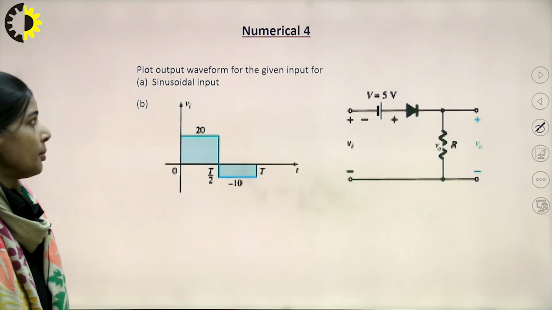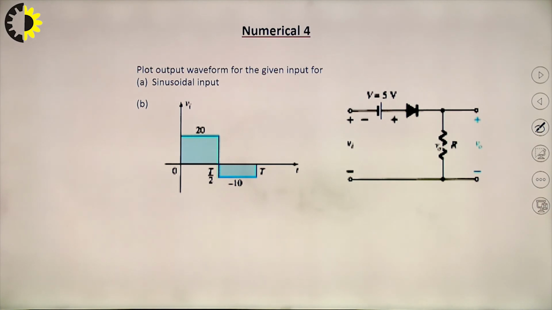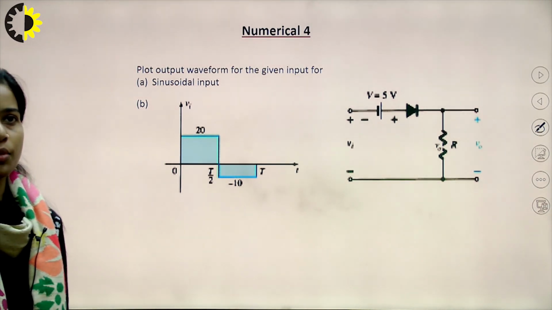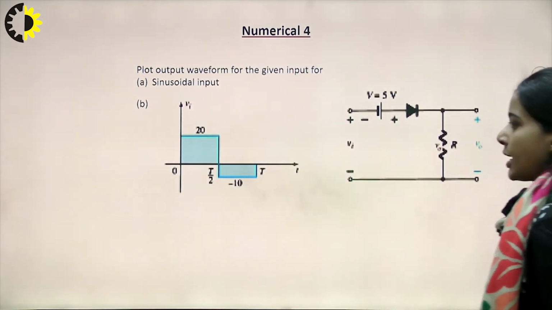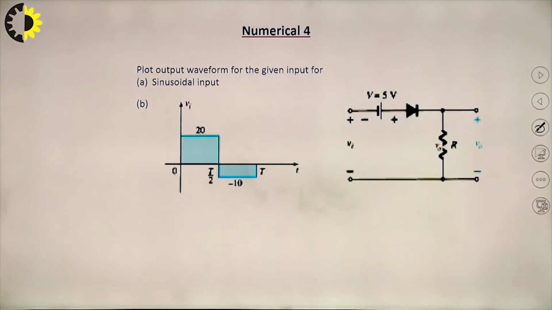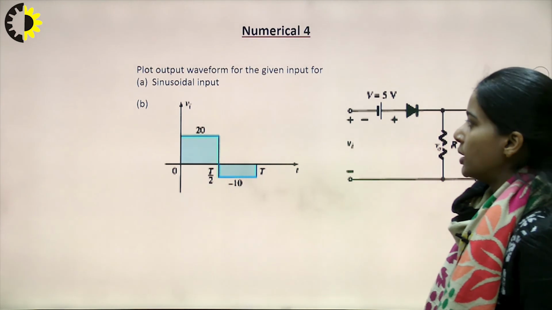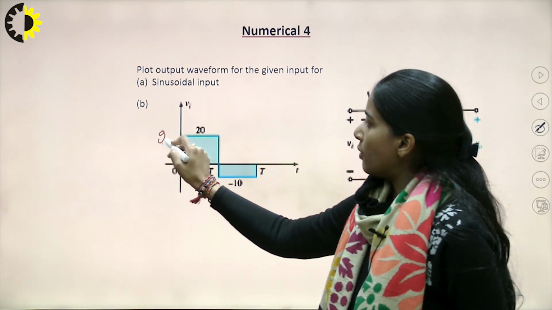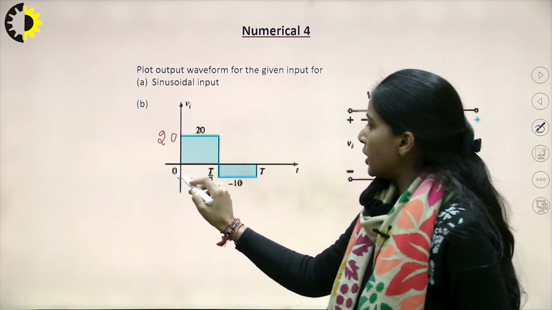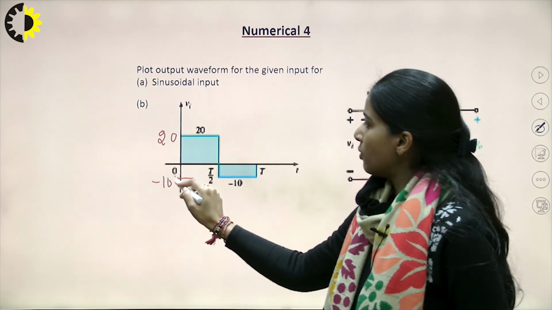Next numerical problem: plot the output waveform for the given input. Here we have two parts, one is for the sinusoidal input and the second one is for the square wave with the positive amplitude of 20 volts and the negative it is having minus 10 volts.